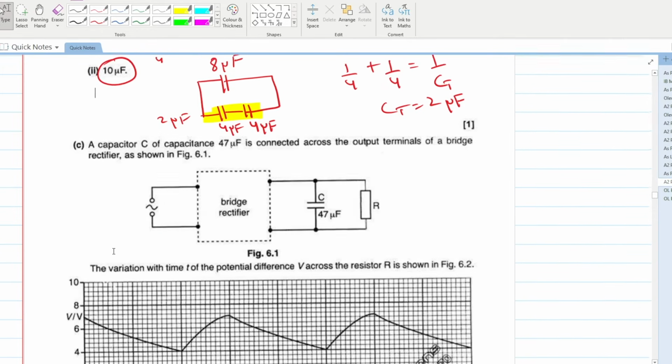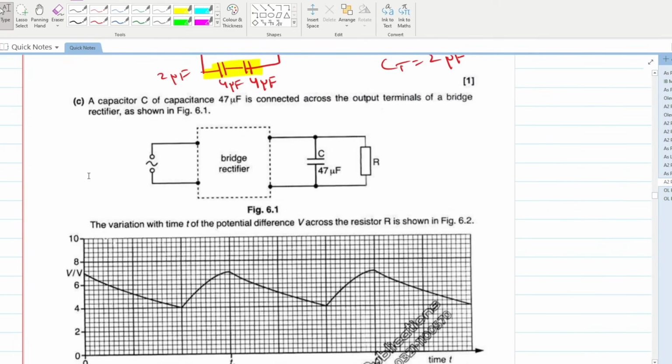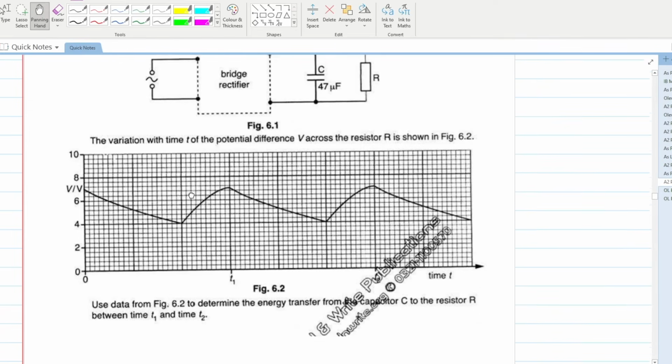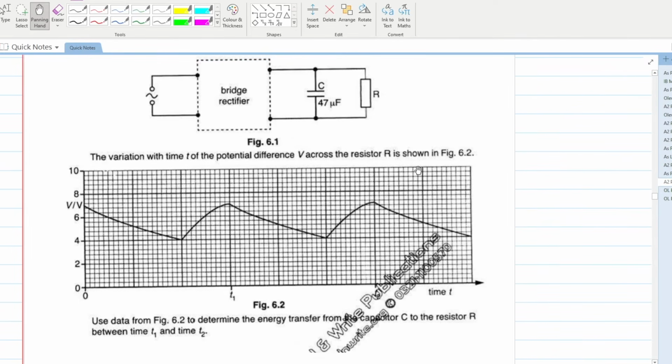Let's see part C. A capacitor C of capacitance 47 microfarad is connected across the output terminals of a bridge rectifier as shown in figure 6.1. The variation with time t of the potential difference across the resistor is shown in figure 6.2.